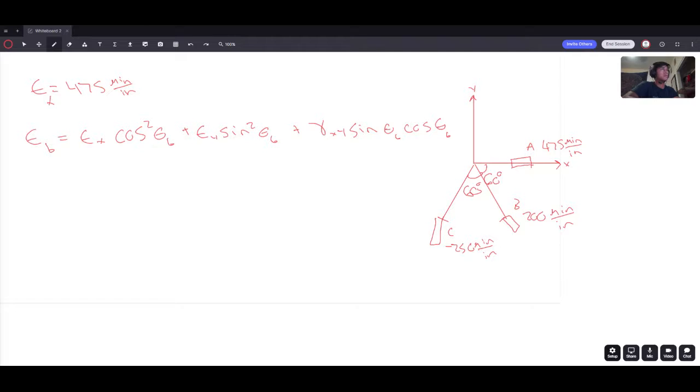And then from the diagram again, epsilon B equals 200 microinches per inch, equals epsilon X, which is 475, cosine squared of negative 60, plus epsilon Y sine squared negative 60, plus gamma XY sine negative 60 cosine negative 60.